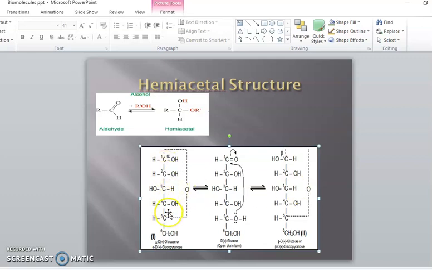Look at this structure and this structure: what is the only difference? Carbons 2, 3, 4, 5, 6 are similar. But on the first carbon, the OH is on the right side in one, and on the left side in the other. Such a pair is known as an anomeric pair. Thank you.